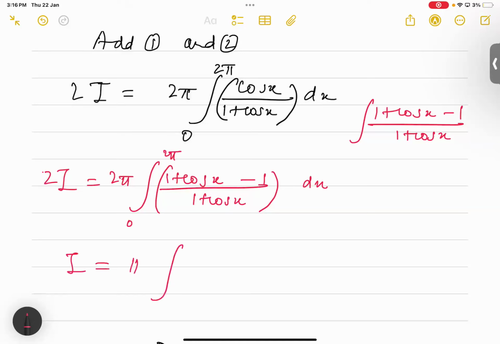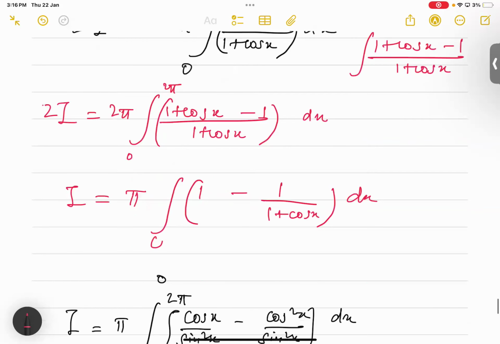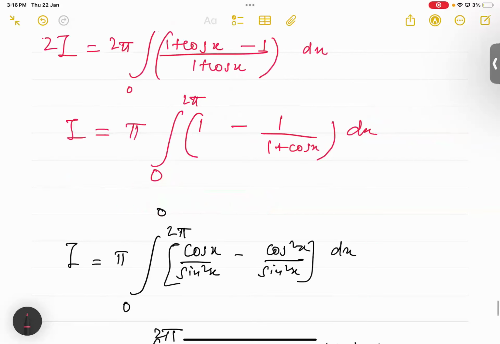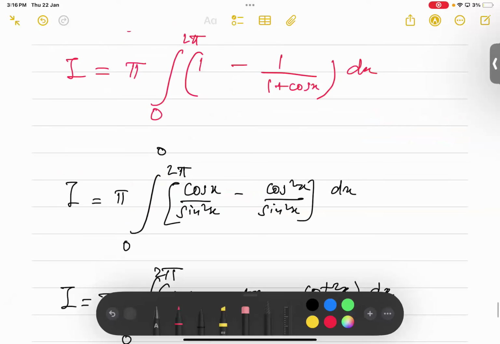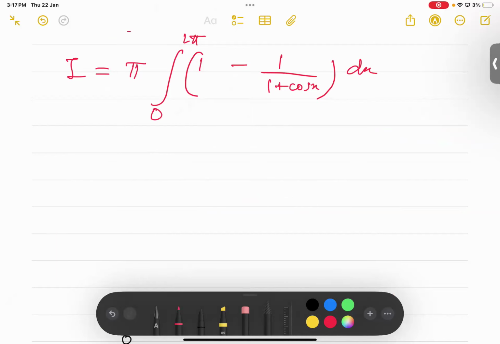I is equal to pi times integral of 1 minus 1 upon 1 plus cos x. Have you rationalized over here? No, we are not supposed to rationalize. If you rationalize again, you'll get not defined, right? Correct? So what are you going to do over here?